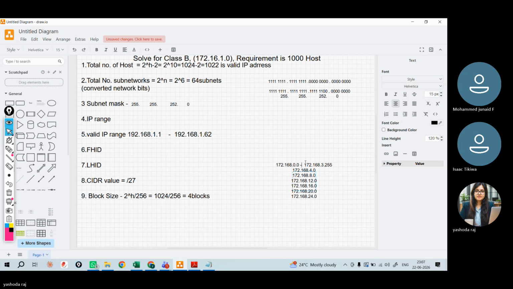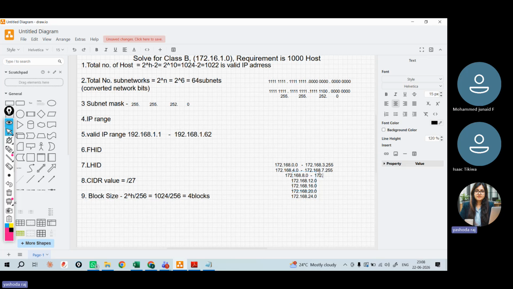The previous IP of 4.0 is 3.255, so that is the range for this network. Now what is the last IP of the next one? The previous IP of 172.16.8.0 is 7.255. Yes.